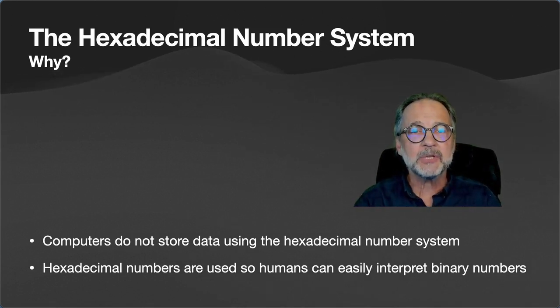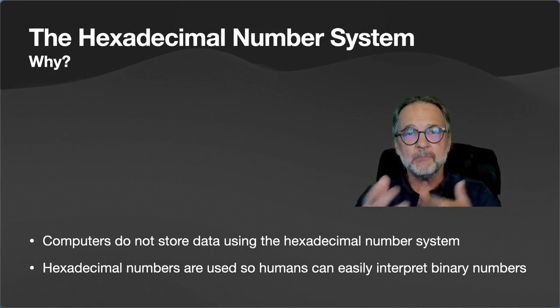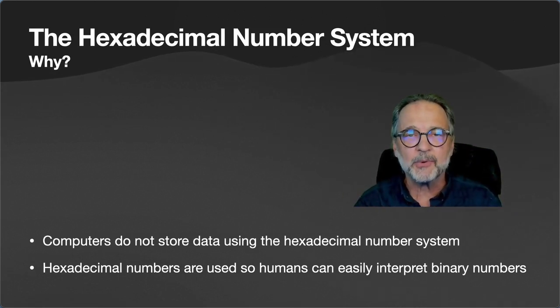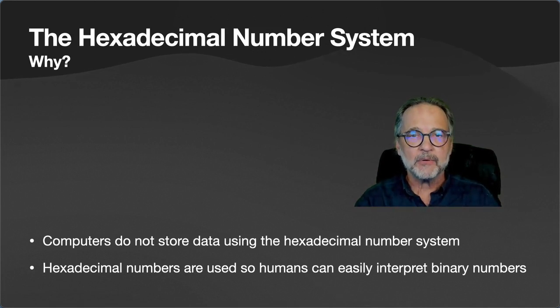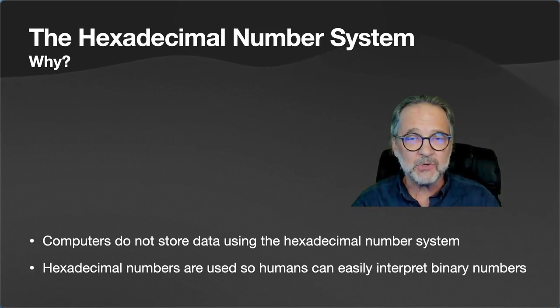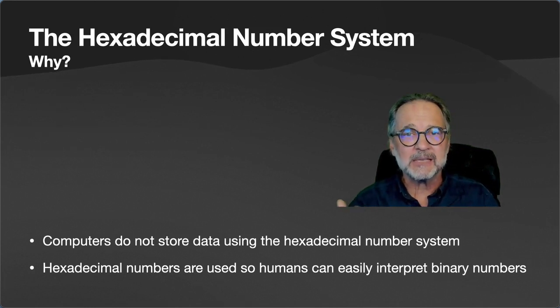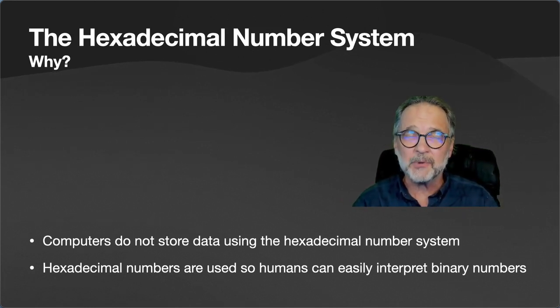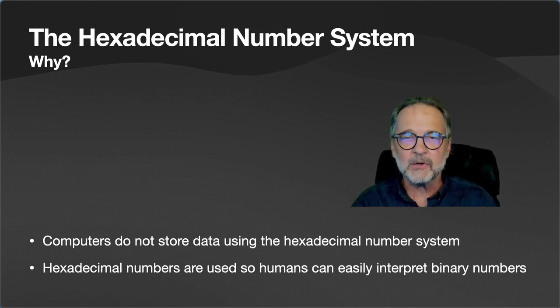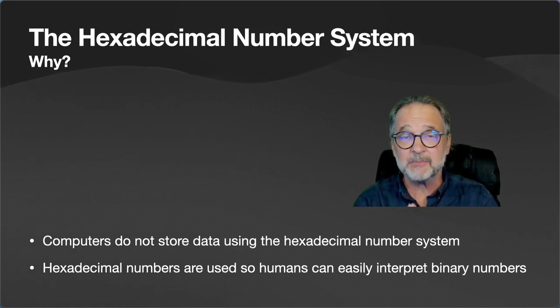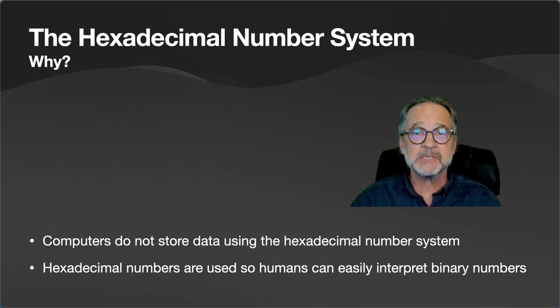However, hexadecimal numbers are used so human beings, you and I, other programmers, can easily interpret the binary numbers. You could use decimal, but decimal is not really a power of 2. The decimal number system, 0 to 9, is not really a power of 2, so you have some difficulties with that. But hexadecimal is, and there are also some other benefits to hexadecimal, which we'll see in a couple of seconds.